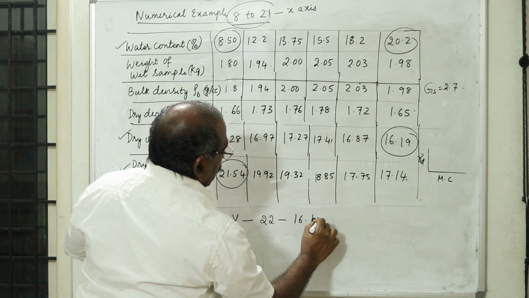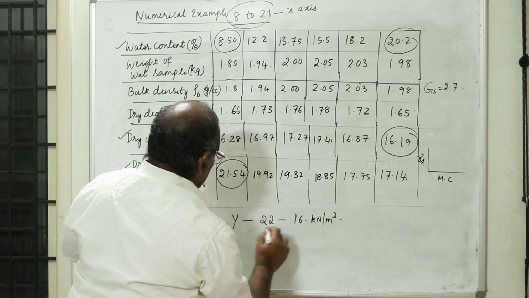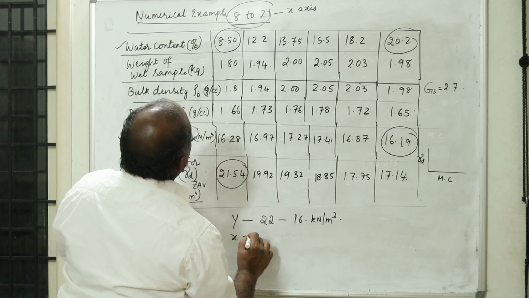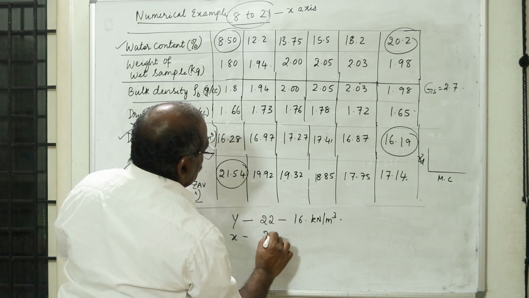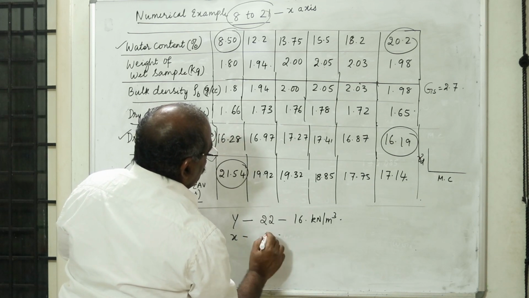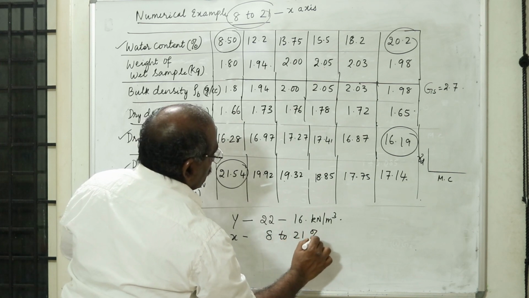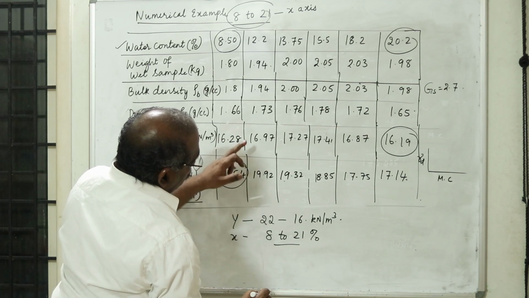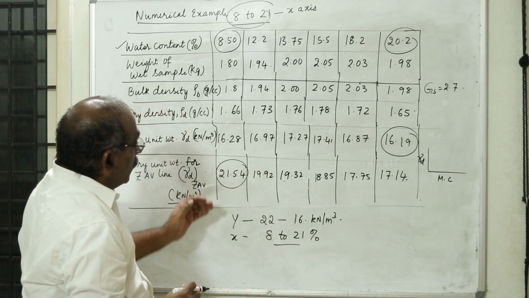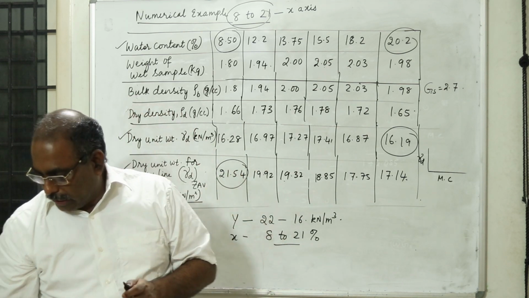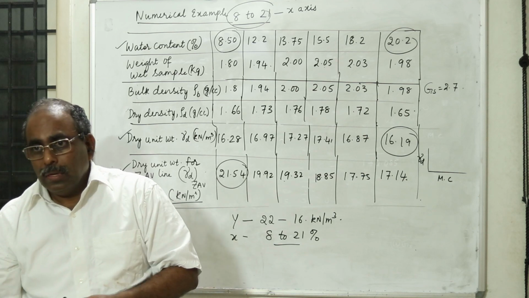Therefore, I can choose this for the y-axis, and for the x-axis it is 8 to 21 percent. This is the upper end and this is the lower end. Let us try to take this scale and plot a graph.